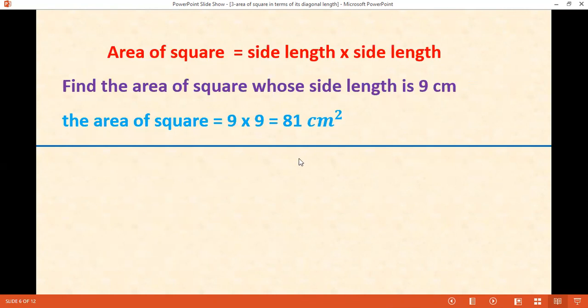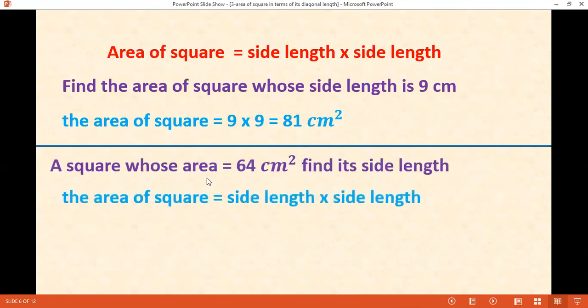Now a square whose area is 64. Find its side length. Area of a square equals side by side, so this is the area. If I use the calculator, I'm gonna use the square root.